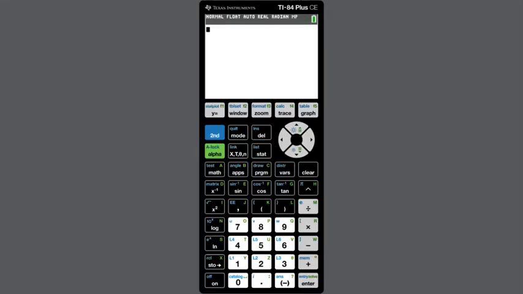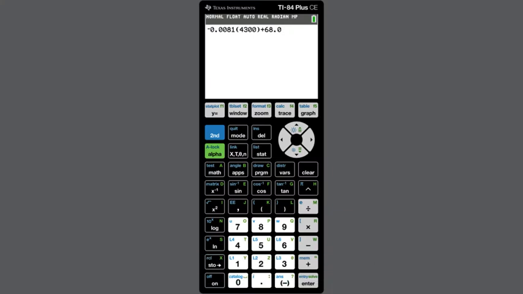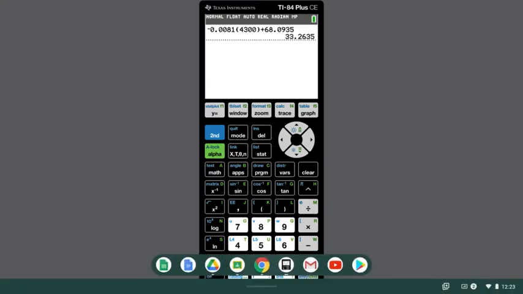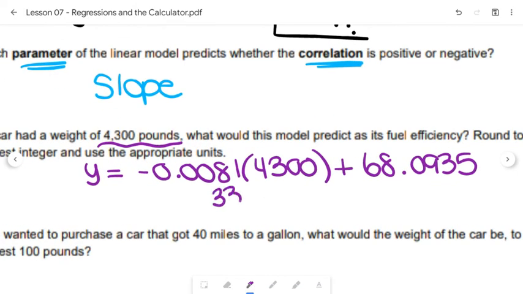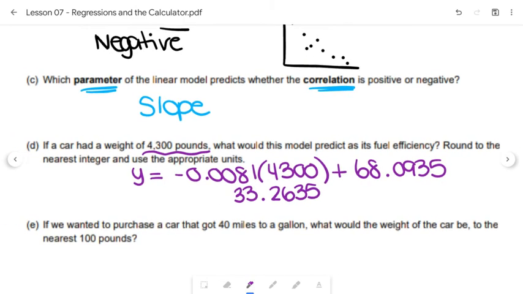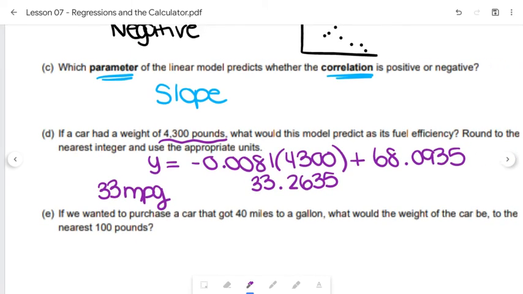So second quit, negative 0.0081 times 4,300 plus 68.0935 gives 33.2635. And we round that to the nearest integer. It's saying 33 miles per gallon. So that would be my best fuel efficiency there, which makes sense because it's a heavier car.